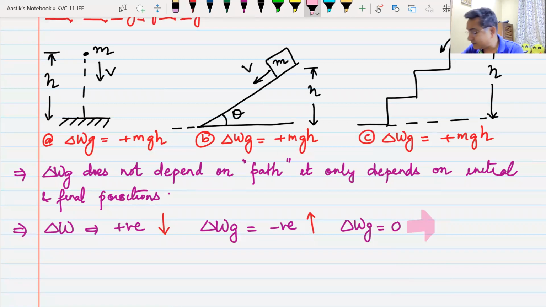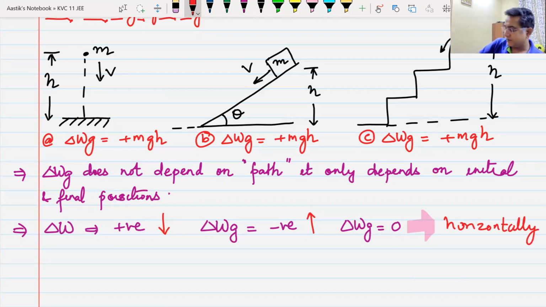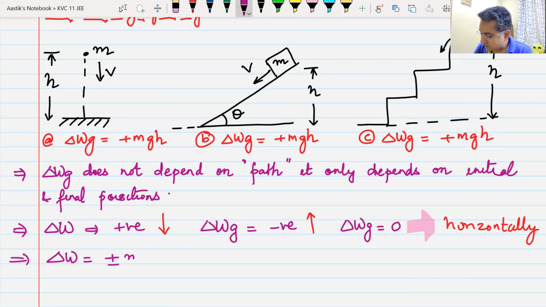When the body is moving horizontally. Work done by gravity will be zero when the body is moving horizontally. And work done by gravity is always equal to plus or minus mgh.